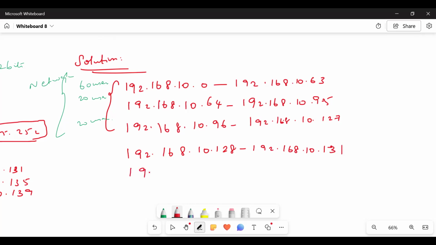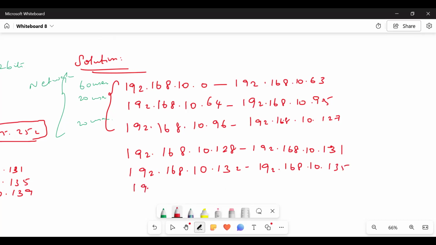Next is 192.168.10.132 to 192.168.10.135.